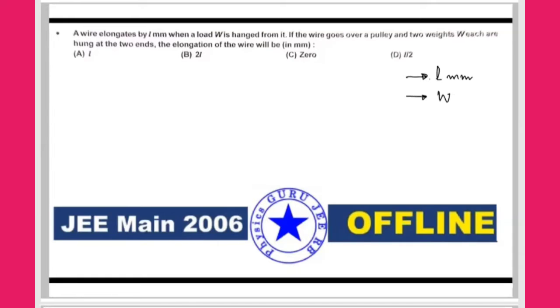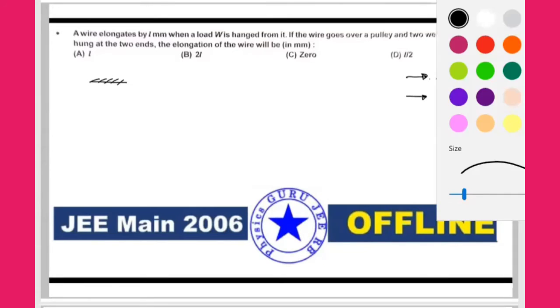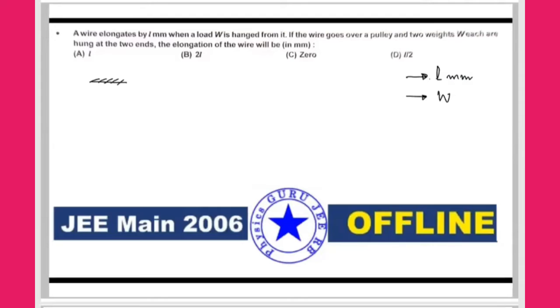What exactly is the question? First, we take one wire and draw the diagram. A body of mass M is attached to the wire, and its weight acts downwards. The same string is connected passing over a pulley.